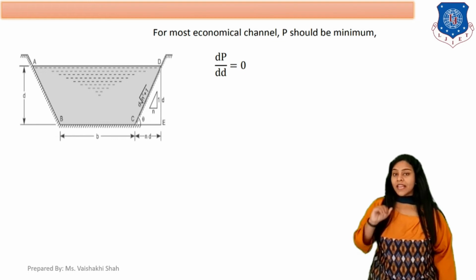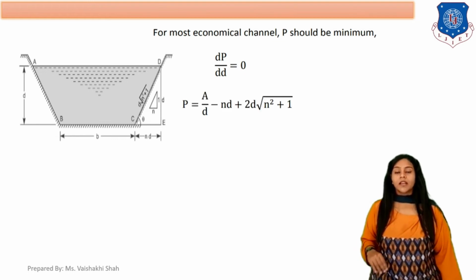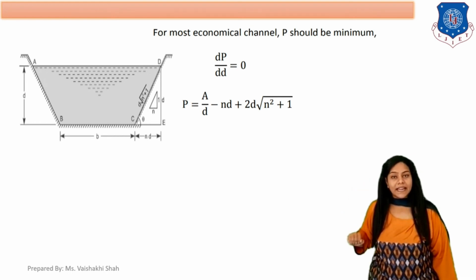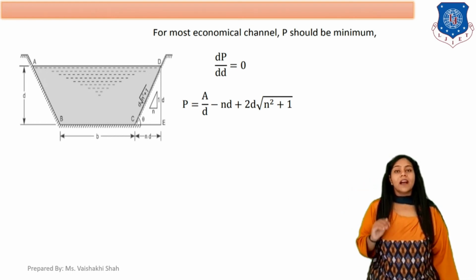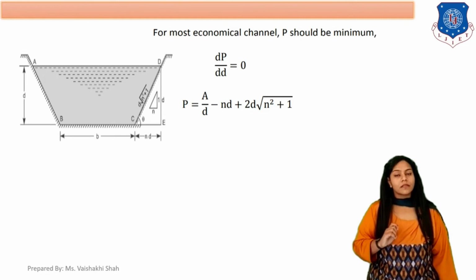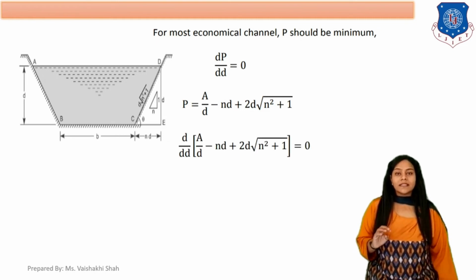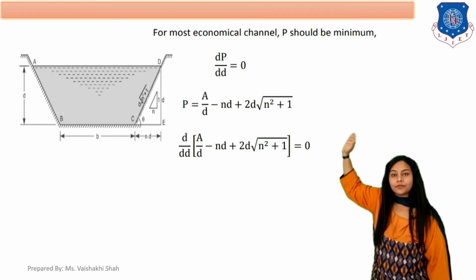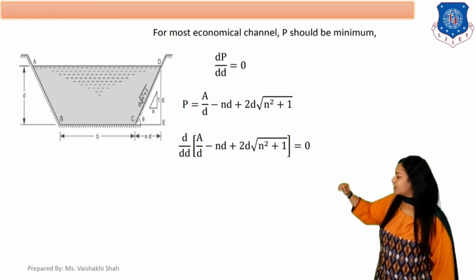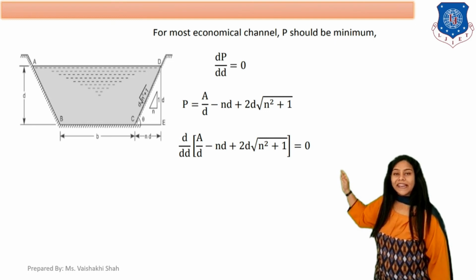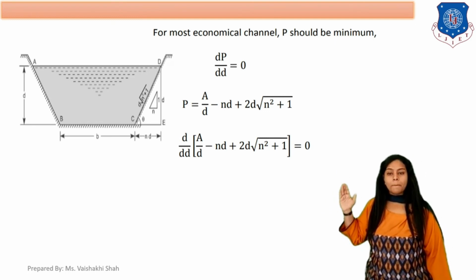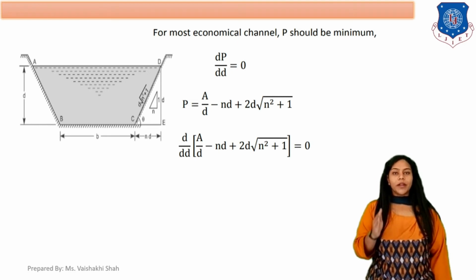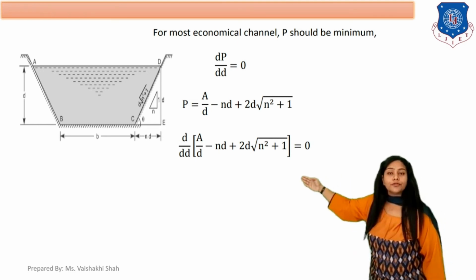Now we have the equation of perimeter, P equals to A upon D minus ND plus 2D under root N square plus 1. Putting this equation of P in dP by dD equals to 0, you get d by dD of A by D minus ND plus 2D under root N square plus 1 equals to 0.